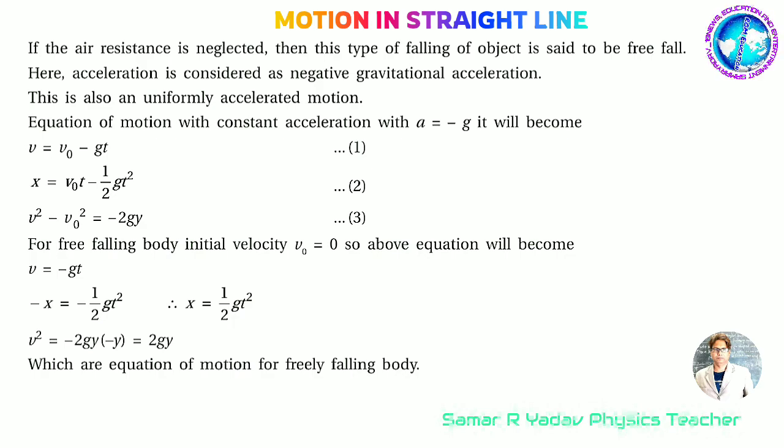So the above equations will be v is equal to minus gt, minus x is equal to minus 1/2 gt square. Therefore x is equal to 1/2 gt square. v square is equal to minus 2g(minus y), equal to 2gy, which are the equations of motion for a freely falling body.